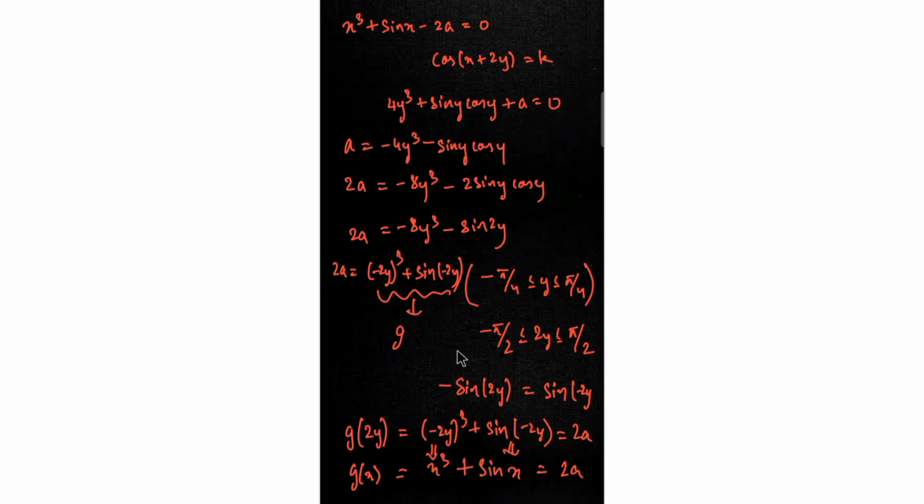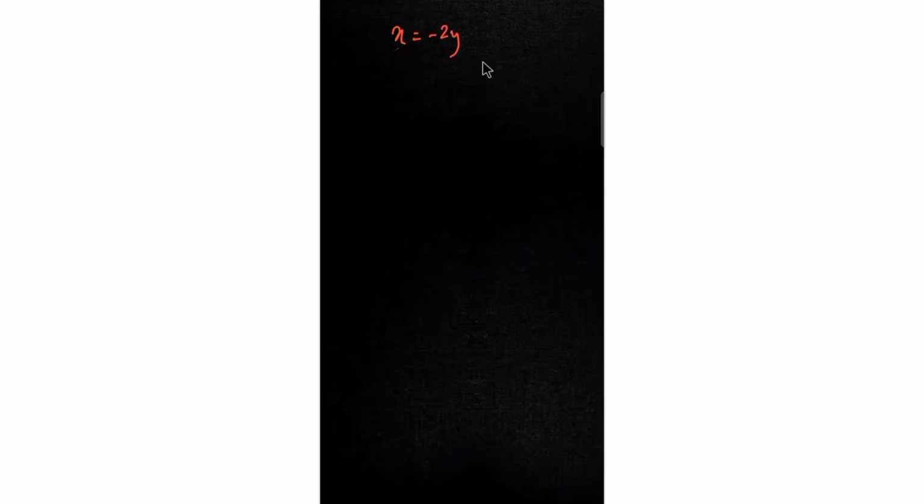When these both values are the same, 2a and 2a, that means minus 2y will be equal to x. So minus 2y will be equal to x. That means x plus 2y is equal to 0. So cos of x plus 2y is what he has asked us, like it's a k. So cos of 0 is equal to k, which is equal to 1. So 3 plus 4k will be equal to 7.